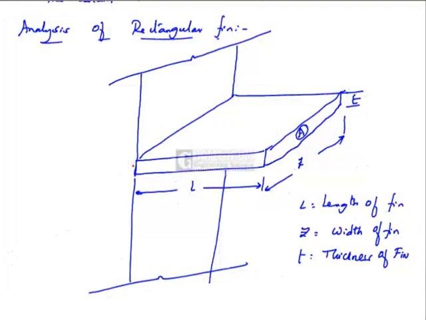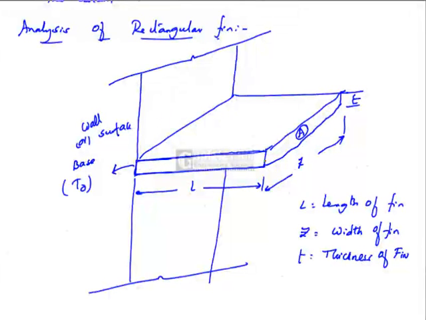Now this is the base of fin, or surface temperature of a wall, which is given by base temperature T0. This is wall or surface from which heat is conducted into the fin. This is the fin.